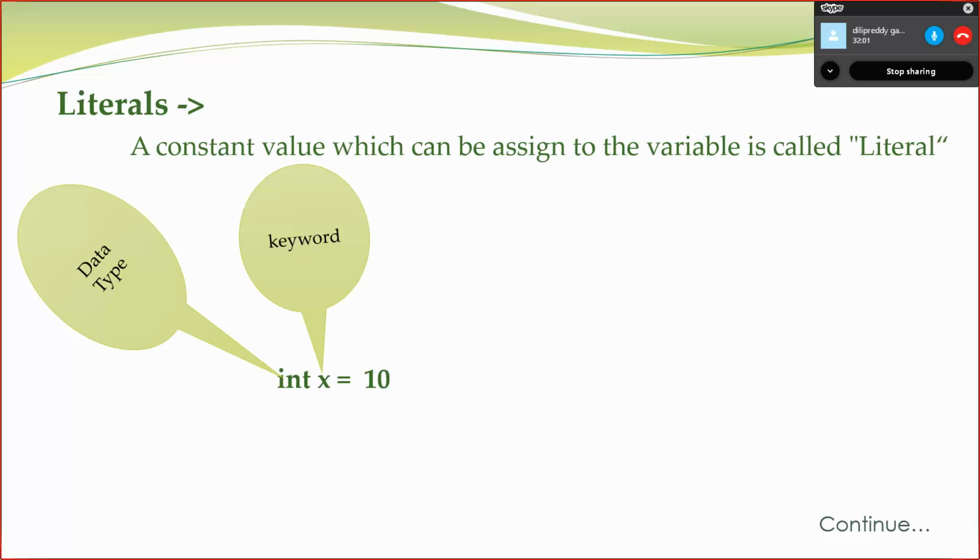Remember we talked about this identifier x, which we define as a variable. And then we have a literal, the constant value 10. So we already covered all these things.